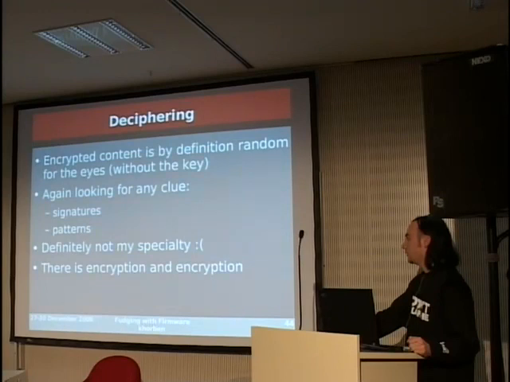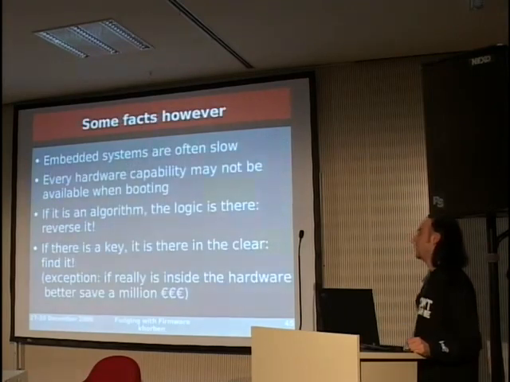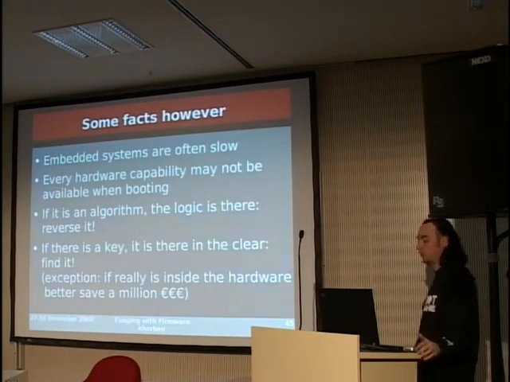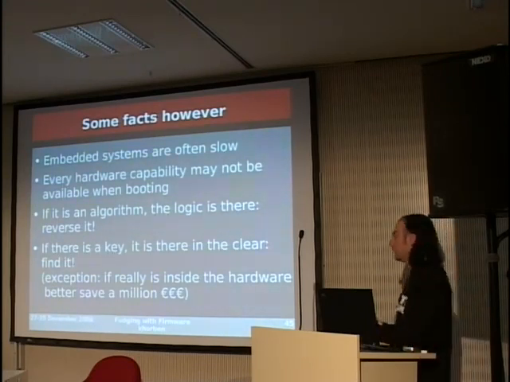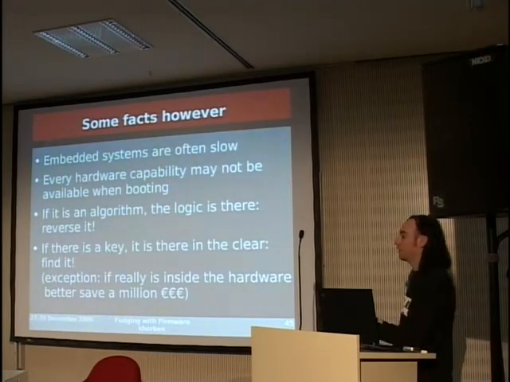It's not my specialty, but I know that there is encryption and encryption. And if you look at embedded hardware, you may not have as much power available as for your new Core Duo laptops. So don't expect the crypto level to be too high. It can be, but it's worth a try. So if it's not just a pure algorithm, just like XOR, try it.